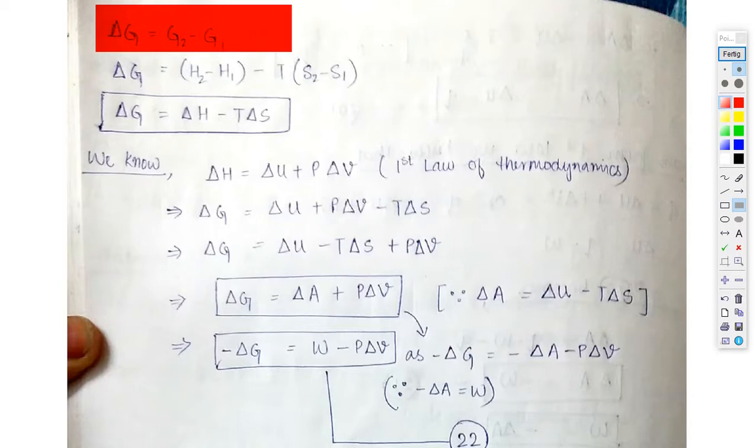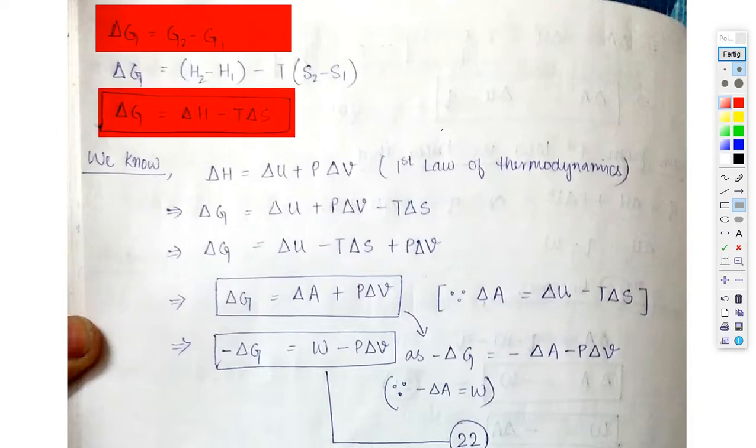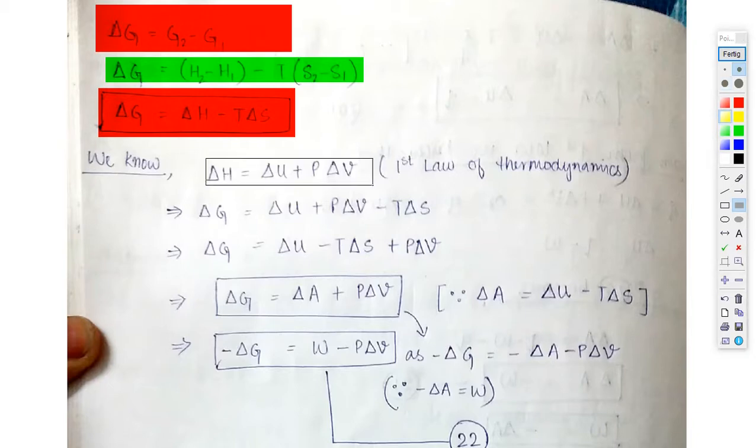Doing simple calculus, delta G equals delta H minus delta (TS). From the first law of thermodynamics in terms of enthalpy, delta H equals delta U plus P delta V. Enthalpy is the sum of the change in internal energy plus the work done at constant pressure, not constant volume.